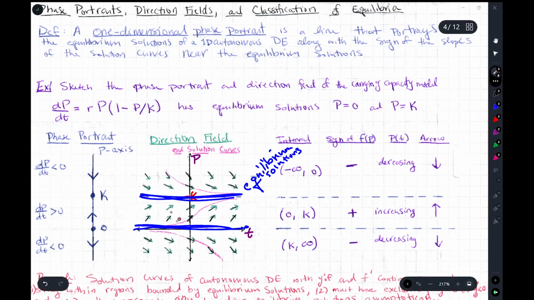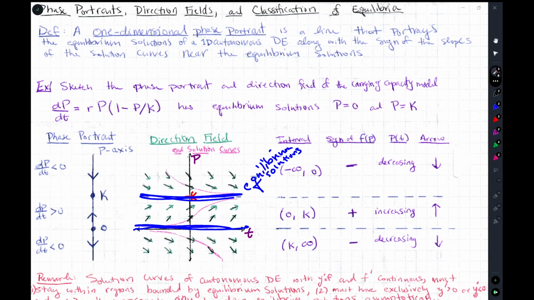Now, we want to represent somehow that the slope is positive in between these two different equilibrium solutions, and that's where the phase portrait comes in. So we'll draw two dots here representing the equilibrium solutions, and then we'll draw an arrow that points up here to represent that the slope is positive there.